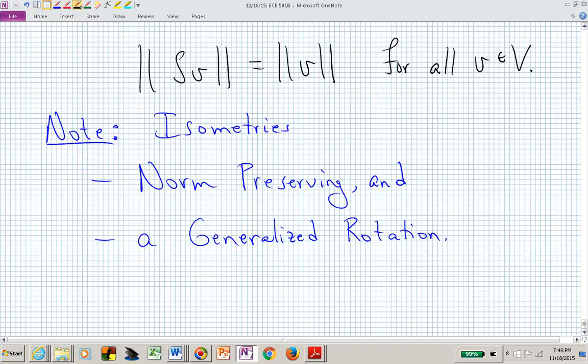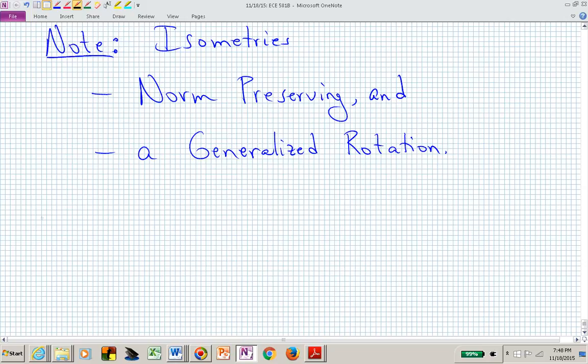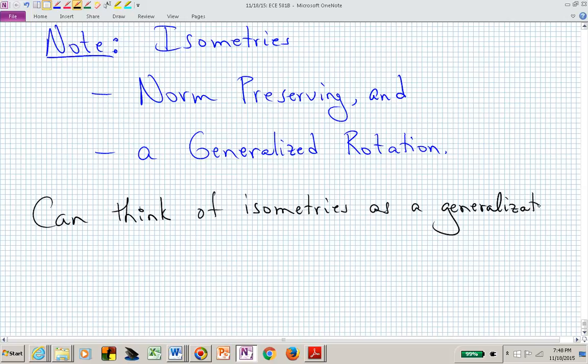If we wanted to think of one of the simplest isometries, let's think of a one-by-one matrix or a scalar. And now if you want to think of what an isometry is generalizing, you can think of isometries as a generalization of 1 or minus 1.